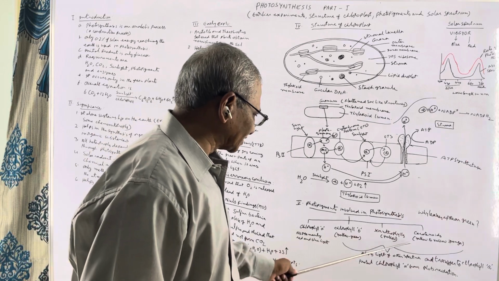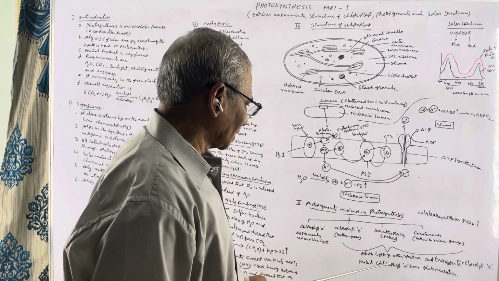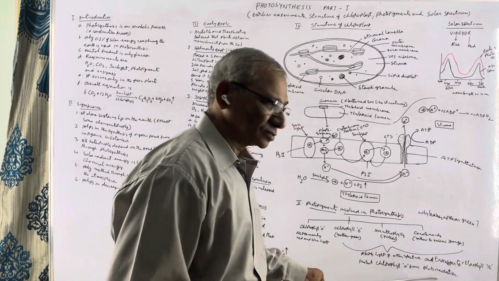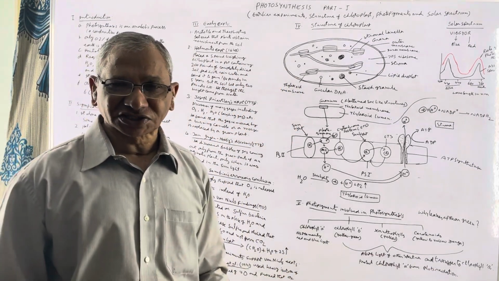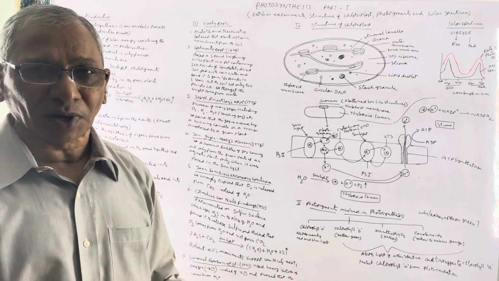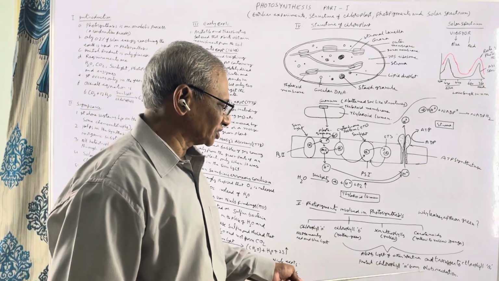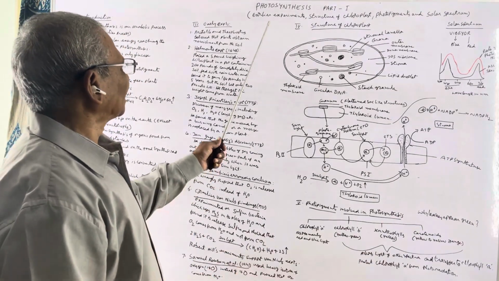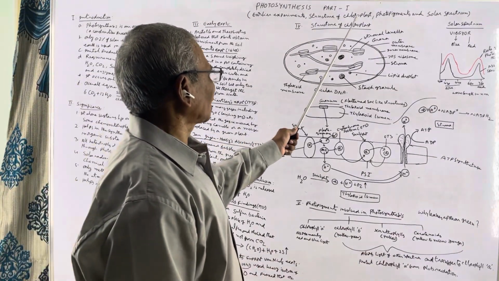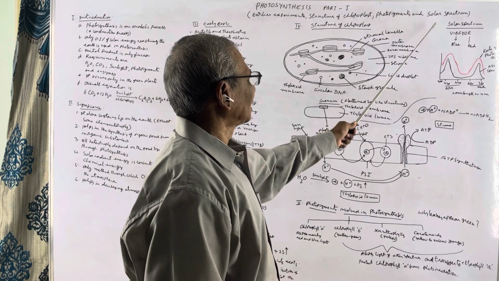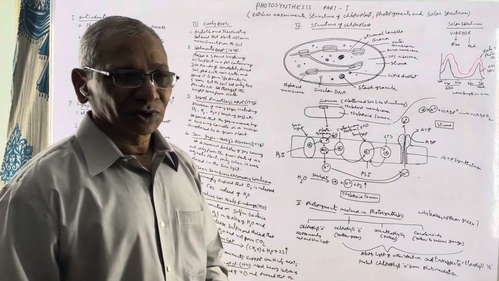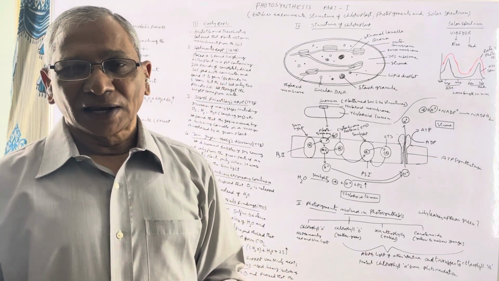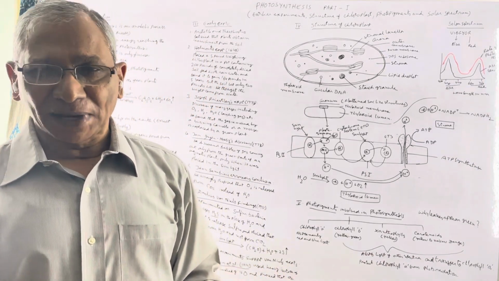Then these 3 pigments have also another function. They prevent photooxidation. Just remember the term photooxidation. I will be talking more about photooxidation in the next class. So this is about the earlier experiments, structure of a chloroplast, photopigments and solar spectrum. With this knowledge, let us study the next topic, light reaction in plants. Thank you.